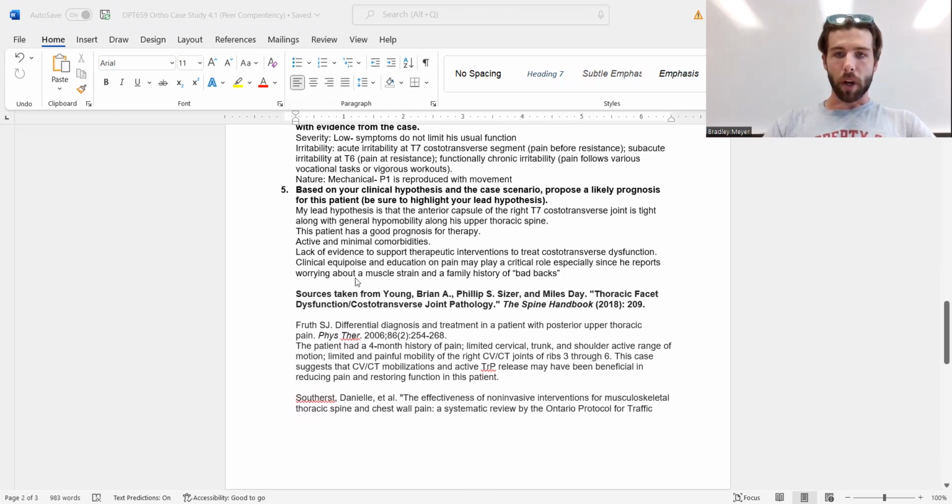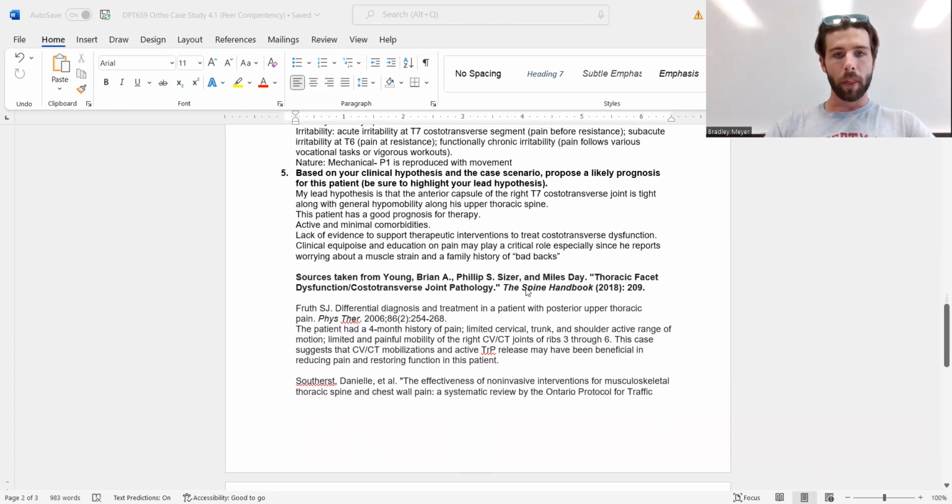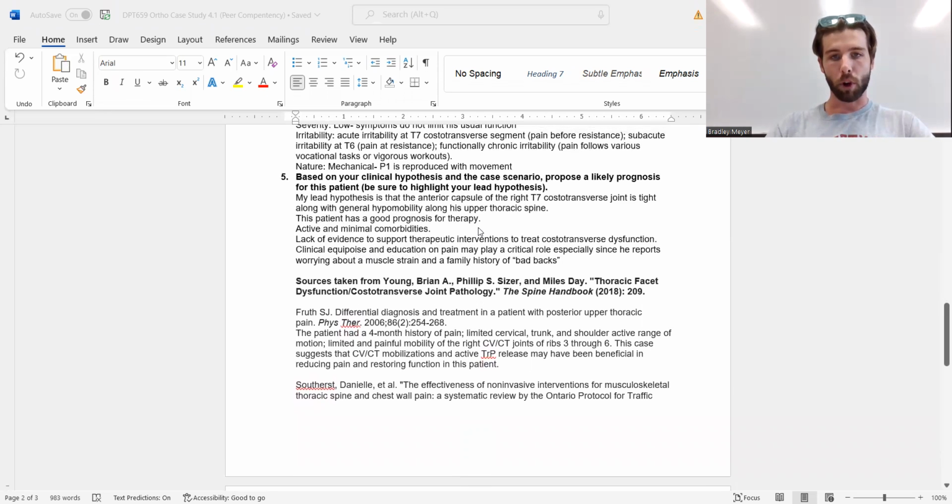Overall, I think he has a good prognosis for physical therapy. He has minimal comorbidities, which is my main reason for saying that. I think therapy, although there is lacking evidence to support, at least from what I saw, there's a lack of evidence to support interventions for if there is a dysfunction in the costotransverse joint.